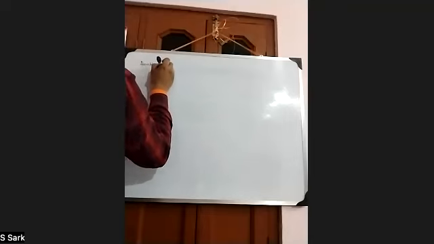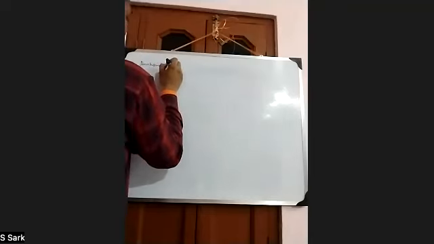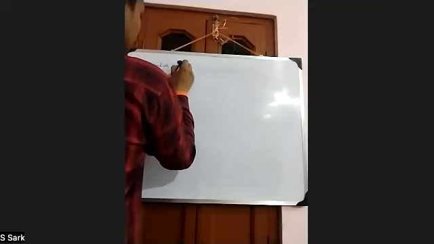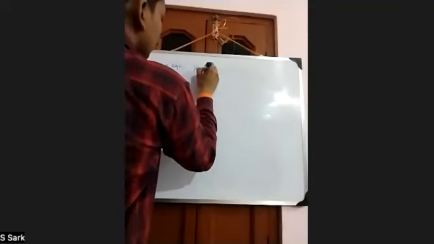The Arrhenius equation is K equals A into e to the power minus EA by RT.